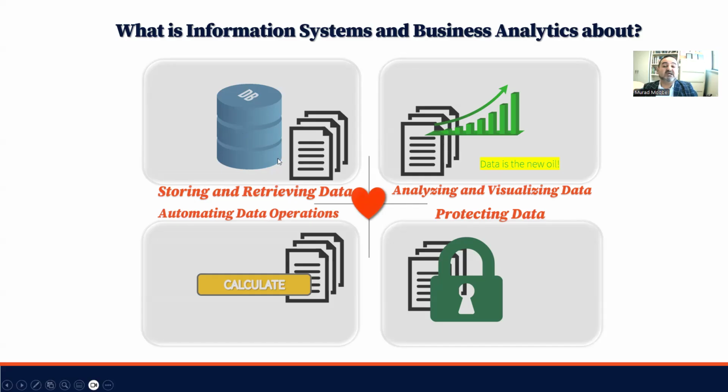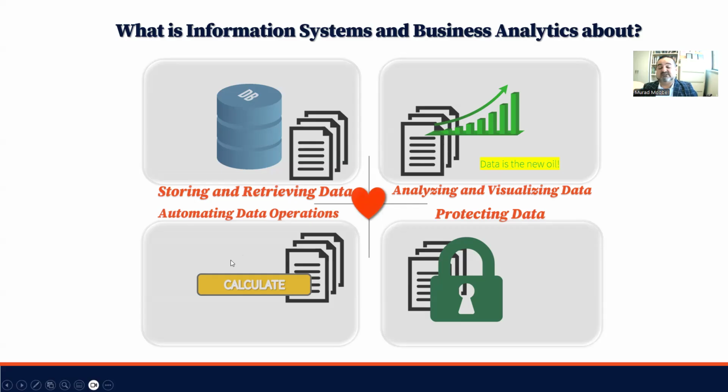Second, after we have this data available in our hand, we can analyze it and visualize it by aggregating this data, creating dashboards, creating charts, where we can transform data into useful information for decision making. Third, we automate.